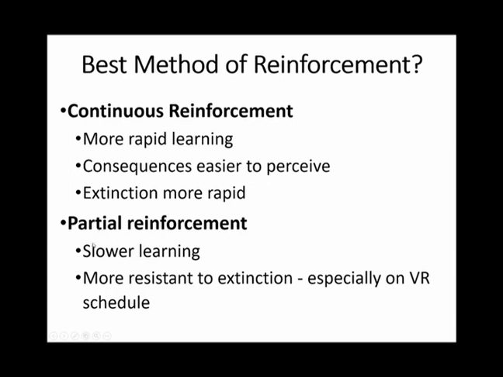So the downsides with partial reinforcement are that there's slower learning because after every lever press, you're not immediately seeing an outcome. So they're not making those associations between the consequences of their actions. So the learning process is a lot slower, but the converse is now that this is going to be more resistant to extinction.